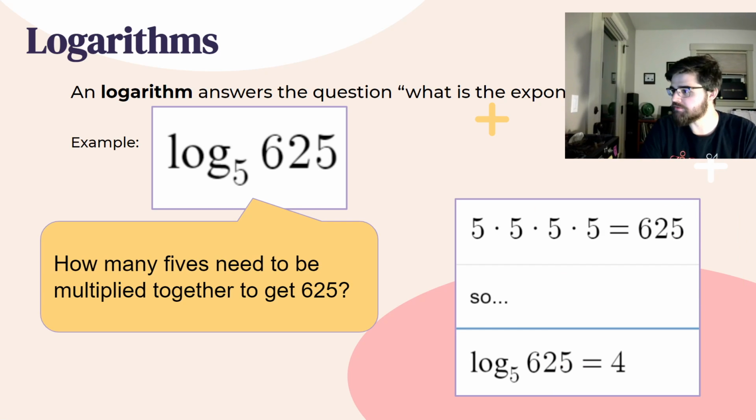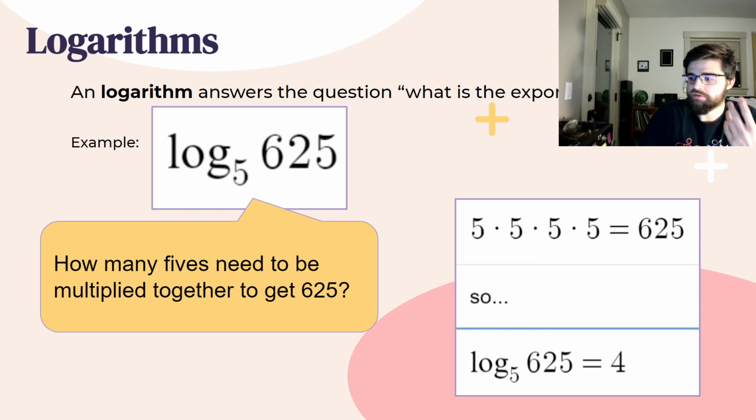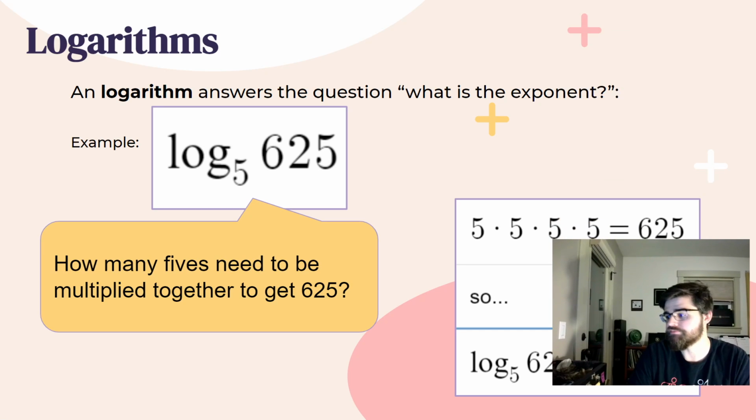Let me move my face here. So the answer to this, if I were to throw this into a calculator or just answer it myself, the answer is 4, because 5 times 5 times 5 times 5, or 5 to the 4th power, is equal to 625.